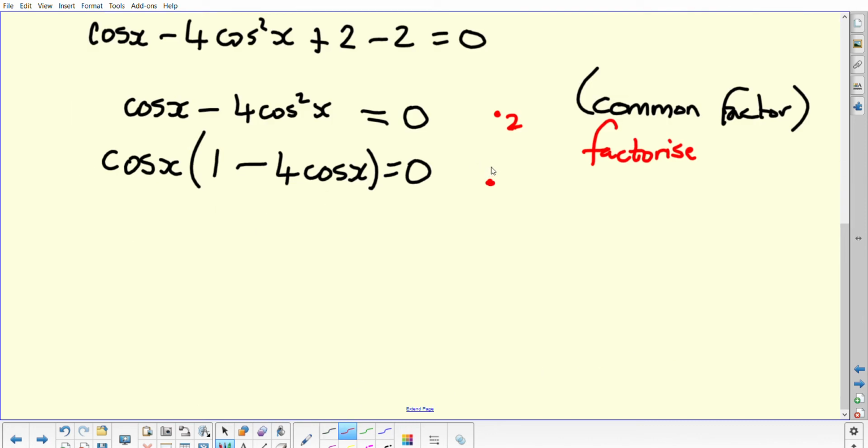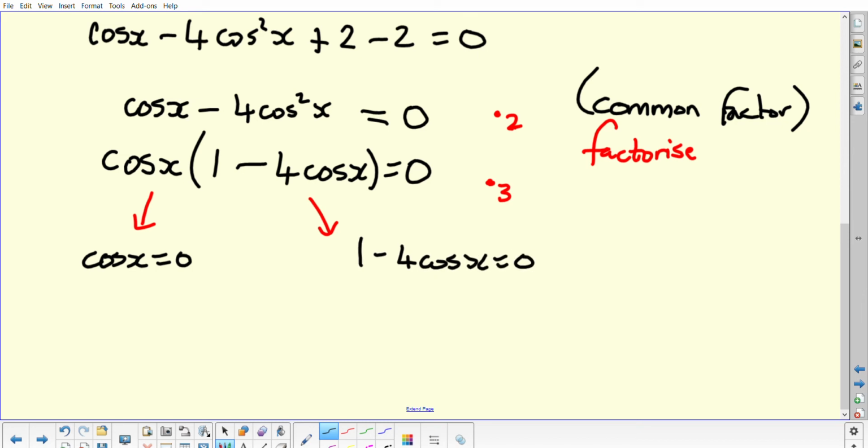Make sure you've still got that equals 0. That then allows you to split into your 2 little mini equations. The first one is cos x equals 0, and the other one is 1 minus 4 cos x equals 0.